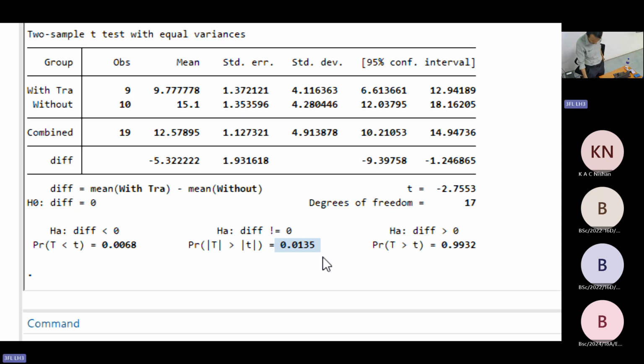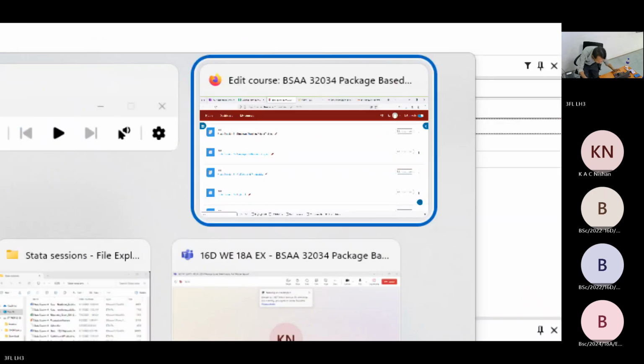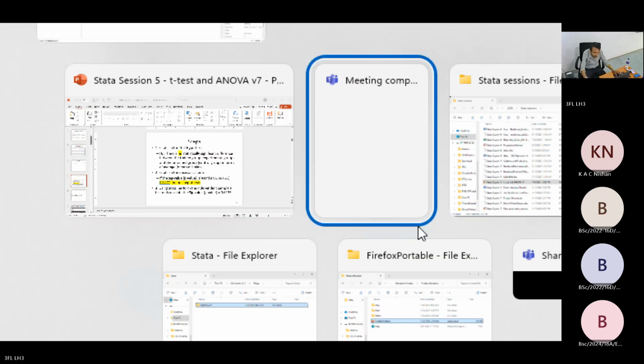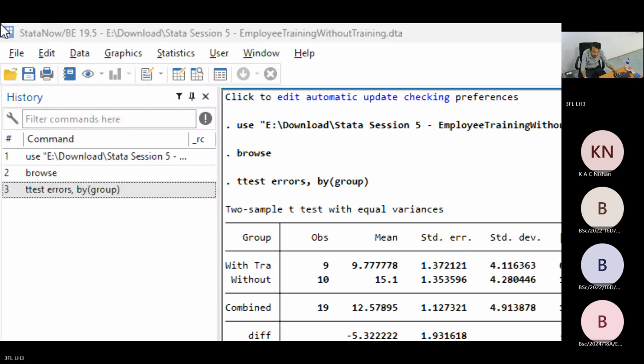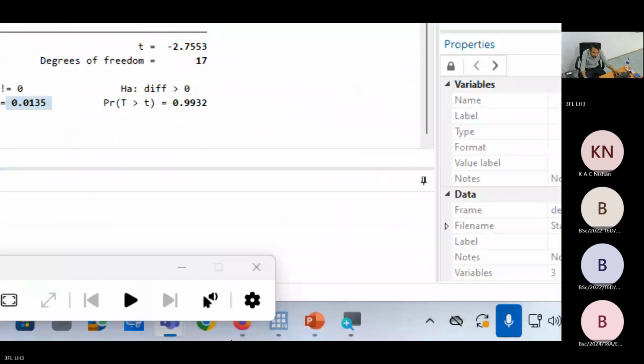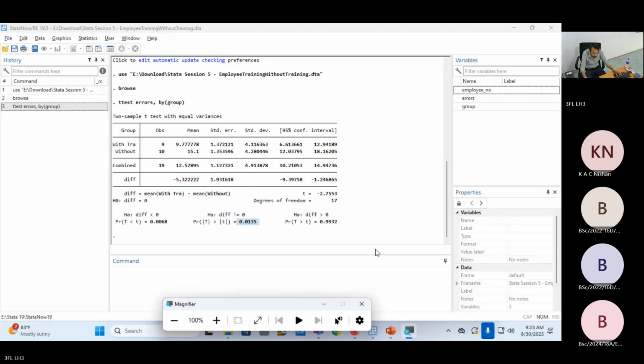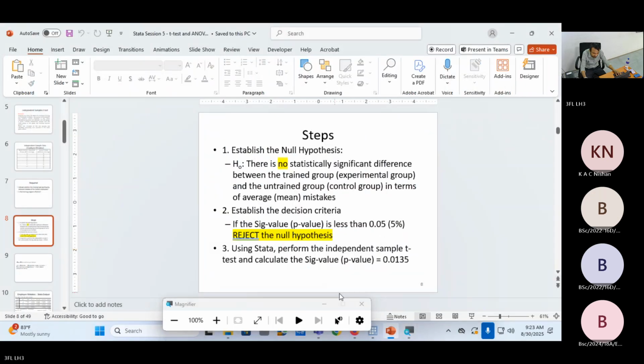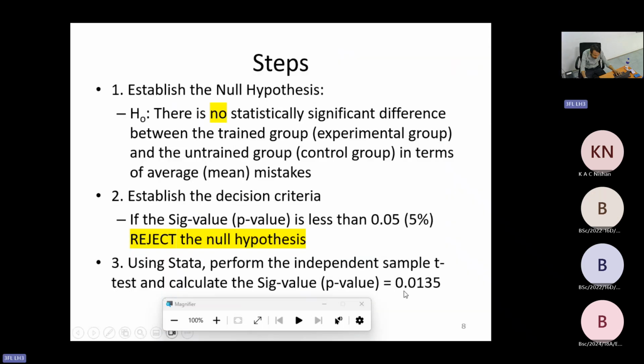So you have to record it. You can see here, I have recorded 0.0135.